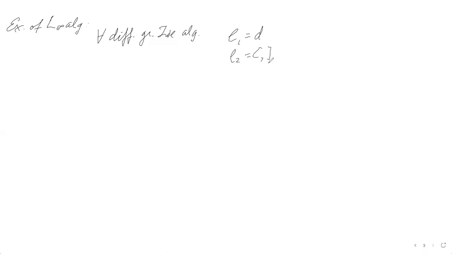And then since the bracket verifies the Jacobi identity, we can take L3 and all the other higher maps L4, L5, and so on equal to 0. With this data, the differential graded Lie algebra G is an L infinity algebra.